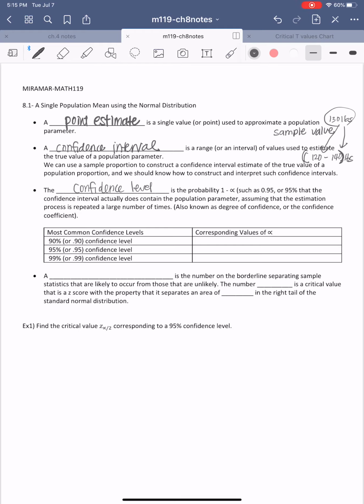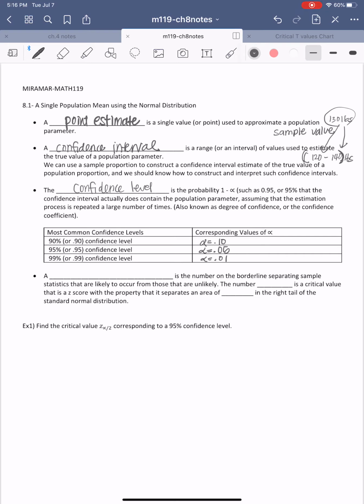We don't really have 100% confidence because you didn't technically get the entire population data. So the most common confidence levels are 90%, 95%, and 99%, which makes the alpha value, which is the uncertainty, 10% inaccuracy, 5% inaccuracy, and then 1% inaccuracy.